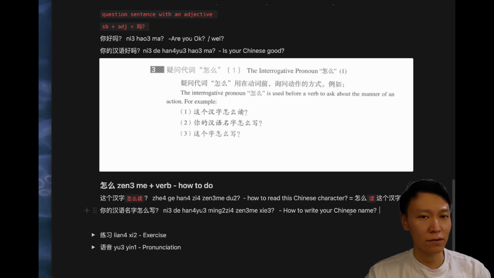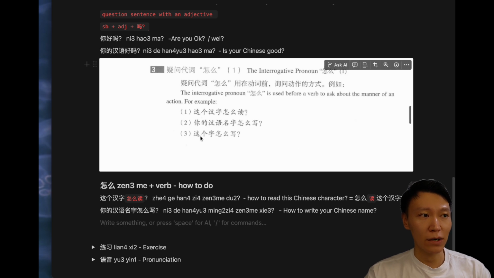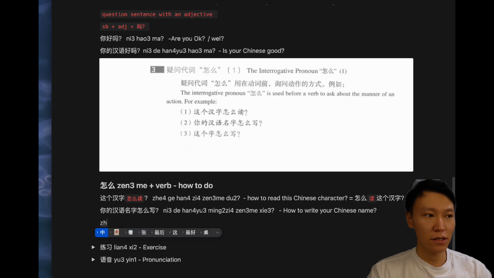I think this question is very useful when you have Chinese friends, because you know how to call them, but sometimes maybe you don't know how to write their names. So you can ask them, 你的汉语名字怎么写? All right. The last one, 这个字怎么写?